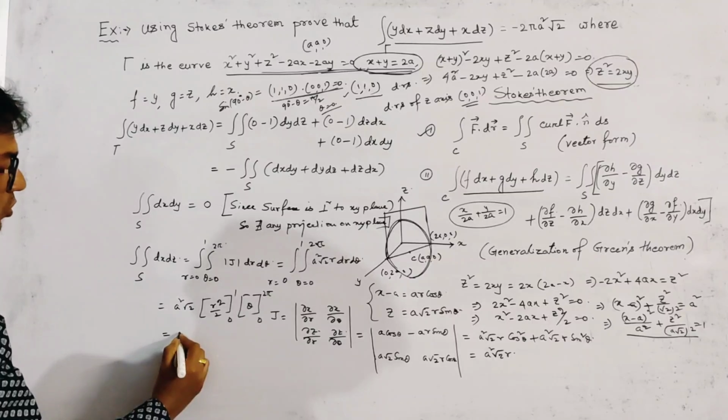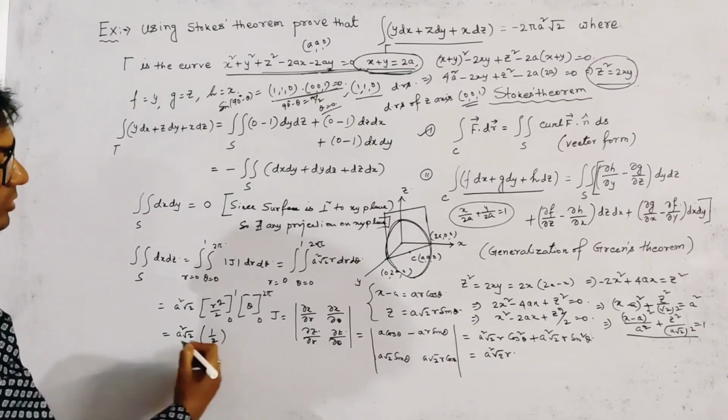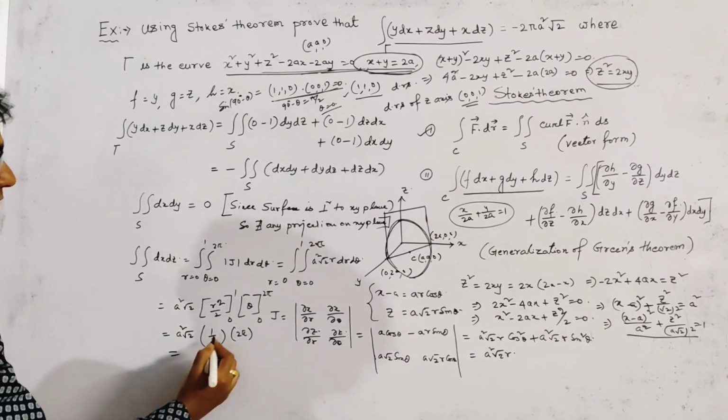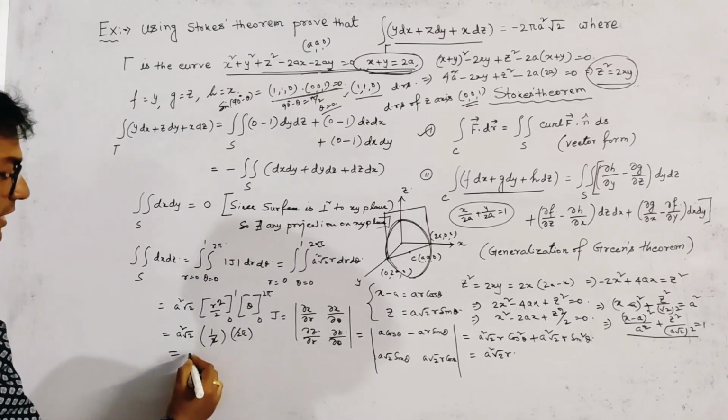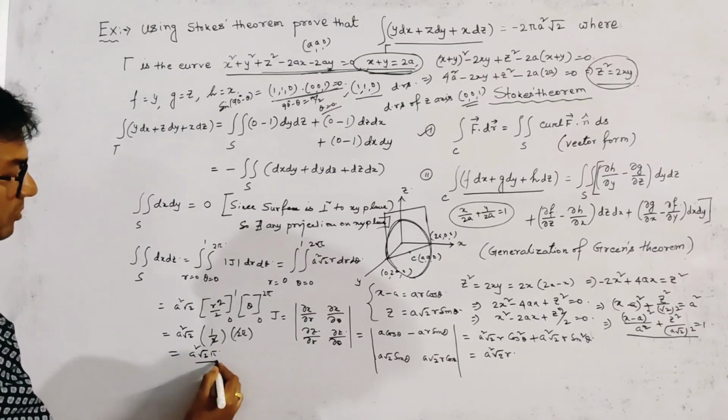So we get a square root 2 into half into 2 pi. The result is a square root 2 into pi.